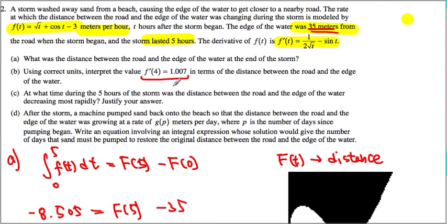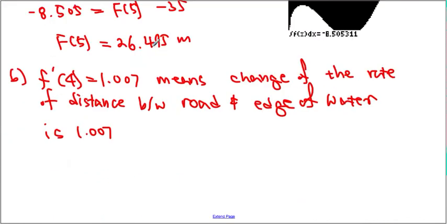Now the unit: f of t was in meters per hour, but because of the derivative, it will be meters per hour squared. That's how we can answer part B.